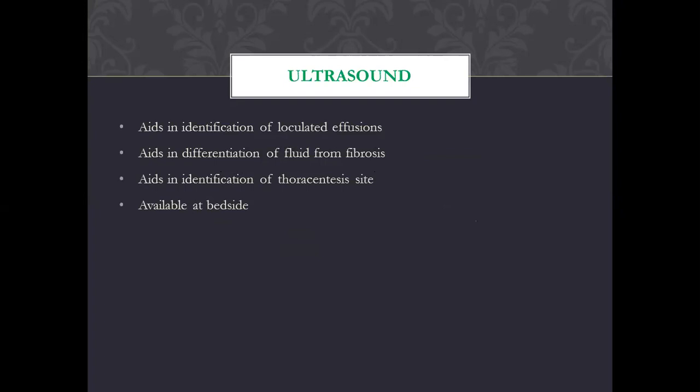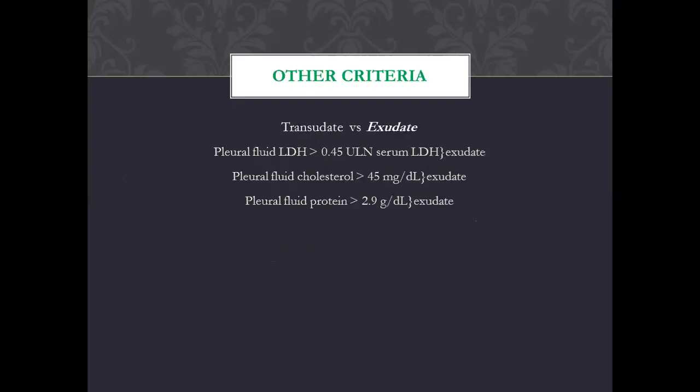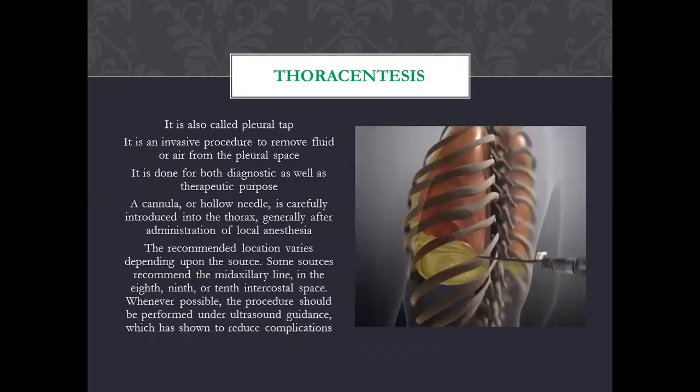After having an ultrasound and confirming that the patient is having pleural effusion, we will go for thoracentesis. Thoracentesis means pleural tap. It is an invasive procedure to remove fluid or air from the pleural space.